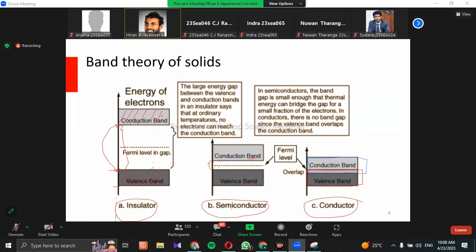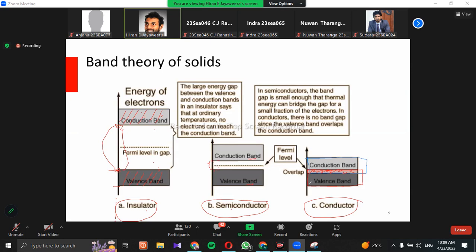Now, at room temperature, we don't have any electrons in the conduction band for the insulator. In semiconductors, we might have a few electrons jump there. However, here there is an overlap. That means even at room temperature, there are a lot of electrons in the conduction band. Some of the electrons in the valence band are already in the conduction band, so they basically belong to the conduction band, and those are free electrons.